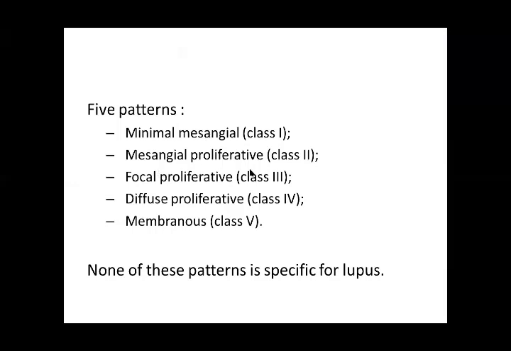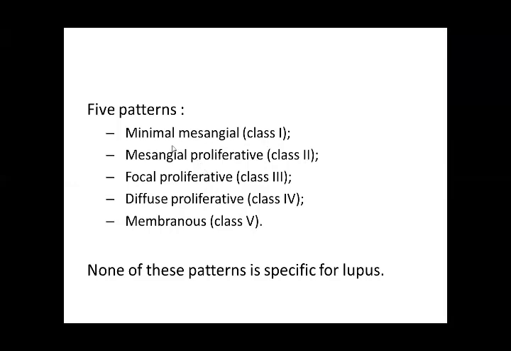Mesangial proliferative, class 2, is slightly more proliferation. Focal proliferative is class 3, diffuse proliferative is class 4, and membranous, which means the lamina densa, is class 5.